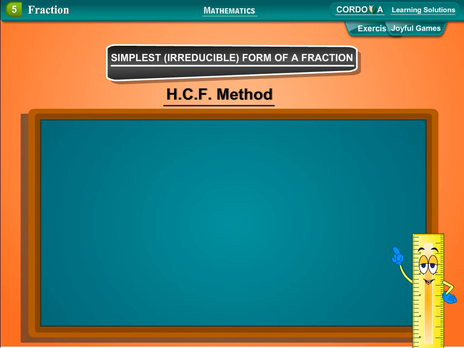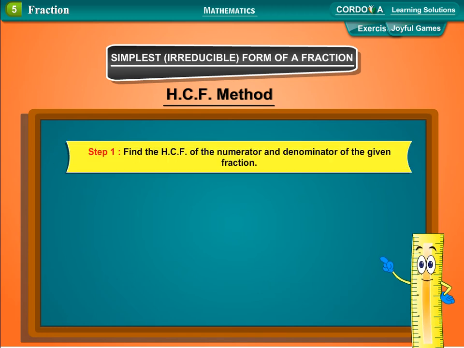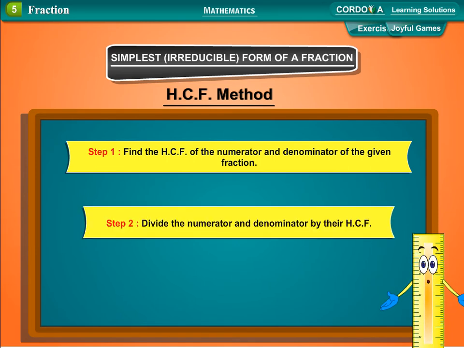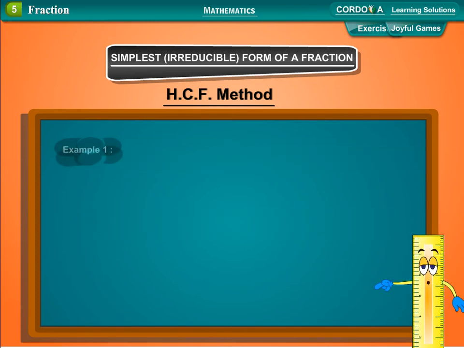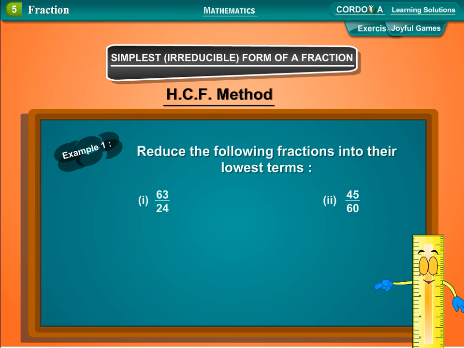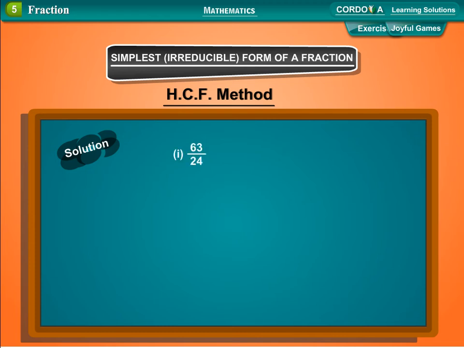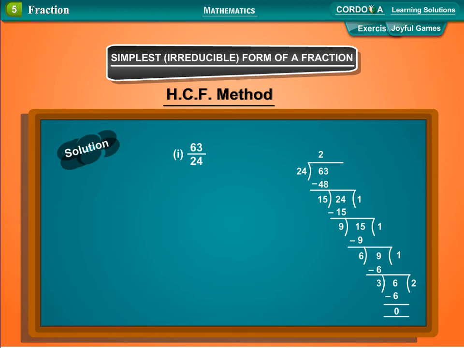HCF method. Step 1. Find the HCF of the numerator and denominator of the given fraction. Step 2. Divide the numerator and denominator by their HCF. Example 1. Reduce the following fractions into their lowest terms: 63 upon 24, 45 upon 60. Solution: the given fraction is 63 upon 24.